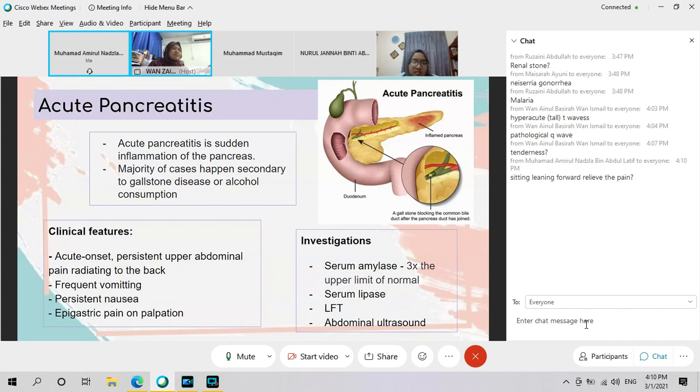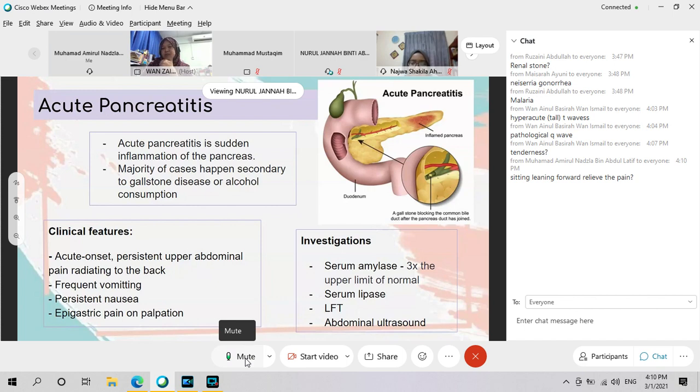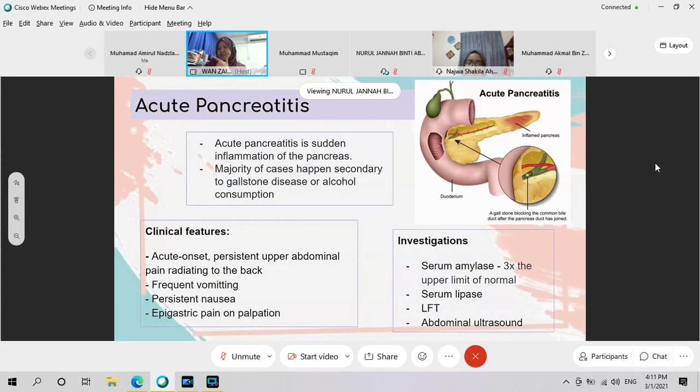Yes. Kenapa? Okay. So the pain radiated to the back. Satu, radiate to the back. Yang kedua, aggravated by supine position. Tiga, relief by sitting forward ataupun leaning forward. So that are the classical symptoms of acute pancreatitis.